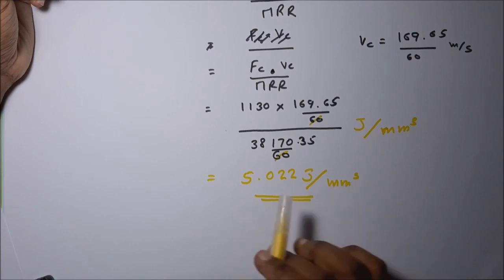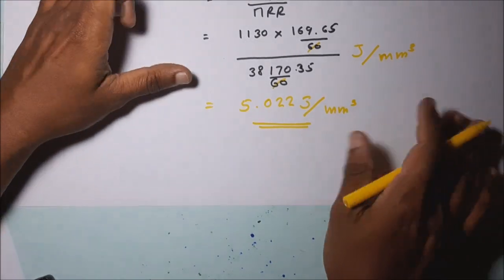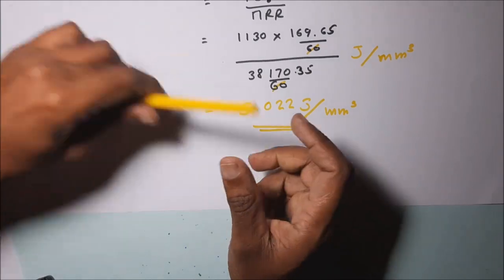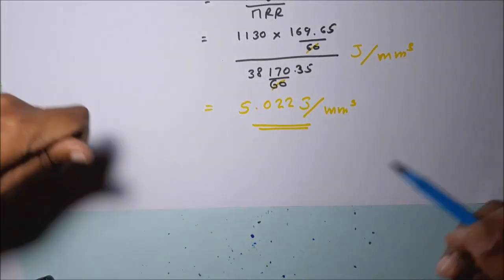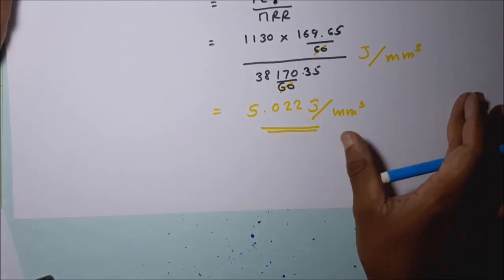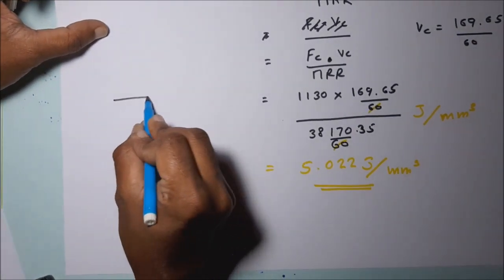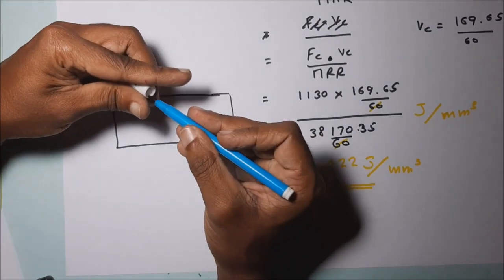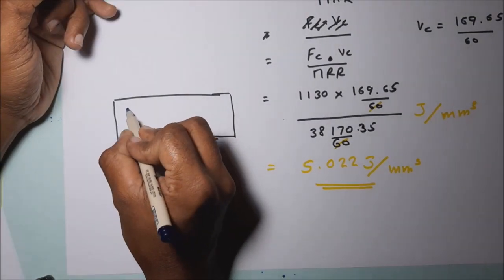What it means is, to remove 1 cubic millimeter from the workpiece, we need this much energy. So if we know the geometry we should obtain from the workpiece, let's say this is the initial workpiece shape, a 5 diameter. Then let's take this is the shape we are going to manufacture.